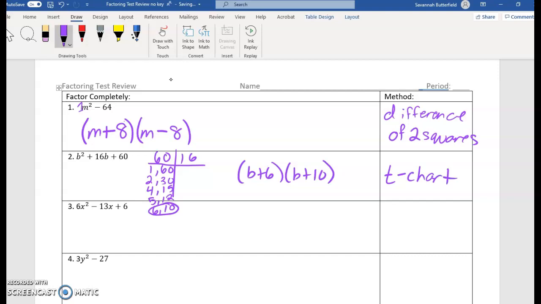Looking at 3, first off, again, GCF. I have a 6, a negative 13, and another 6. Those do not have a greatest common factor, so I'm just going to jump straight into my three-term polynomial methods. Since my a value is not equal to 1, I am going to take 6 and multiply it over.